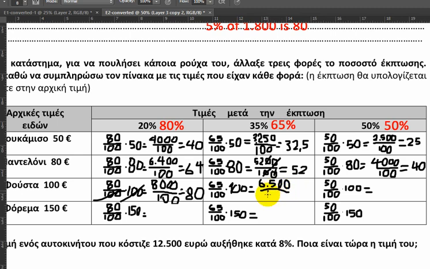So 6,500 over 100, and this gives me 65. Next up, 50 times 100 will give me 5,000 over 100, which will give me 50.